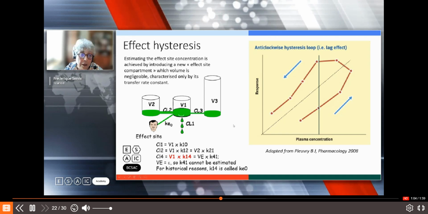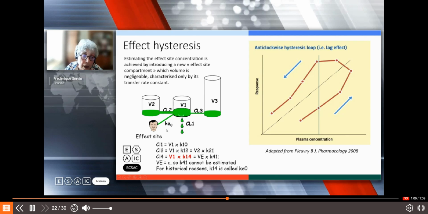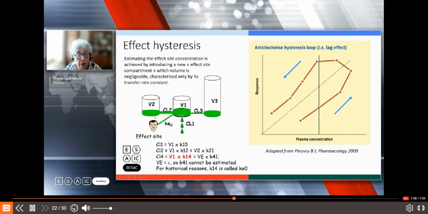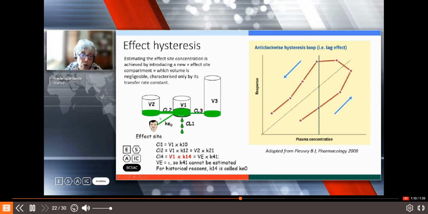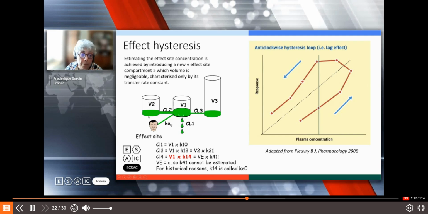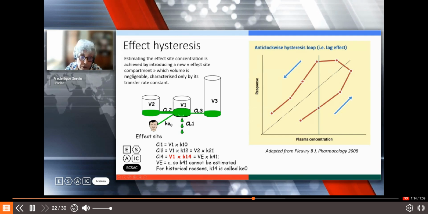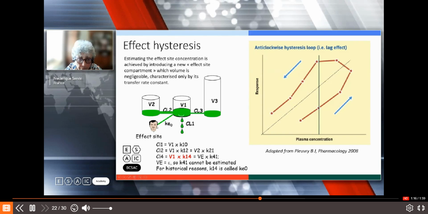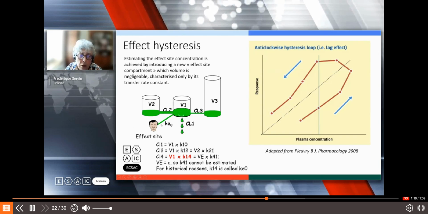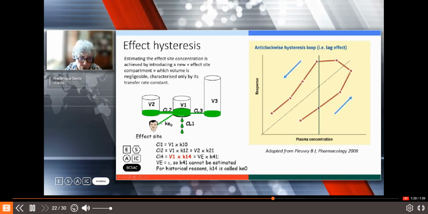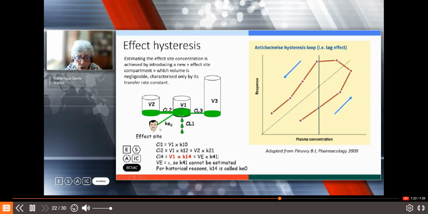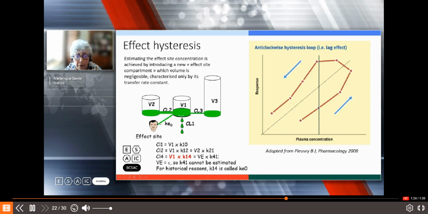To obtain this, you can add a new compartment to your model, a fourth compartment, which is called the effect site. As it is the site of action of the drug on the receptor, it has no volume. Its volume is epsilon.